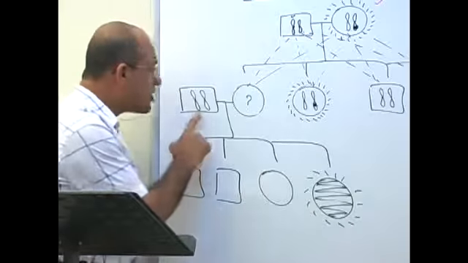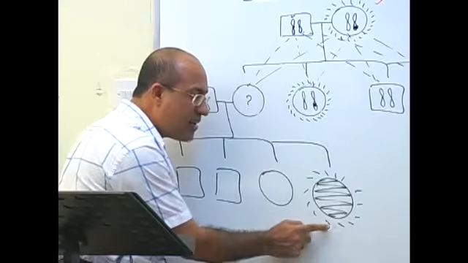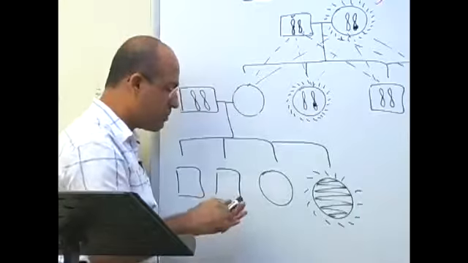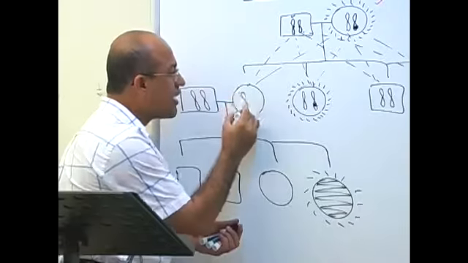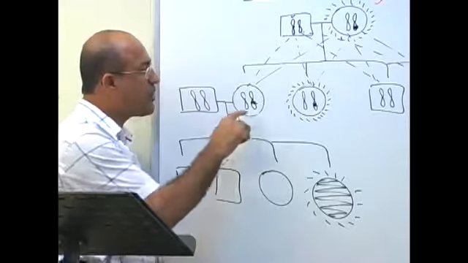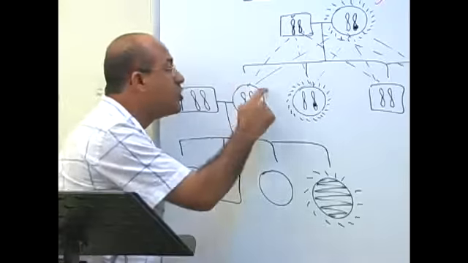Now, considering this male normal, why is this child having the manifestation of disease? Because the genotype here should be what? Abnormal.